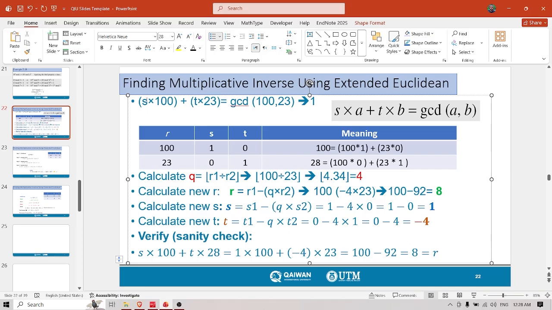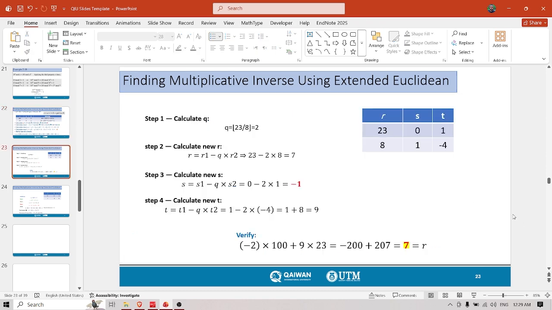S multiplied by 100 plus T multiplied by 23, we should get the R remainder. Now 4 multiplied by 23 would be 92, with the minus would be minus 92, and 1 multiplied by 100 would be 100, and the remainder is 8. Now we have a remainder and then S and T.